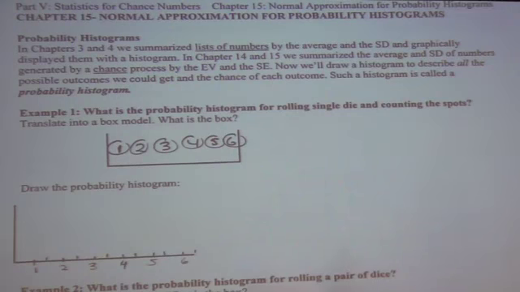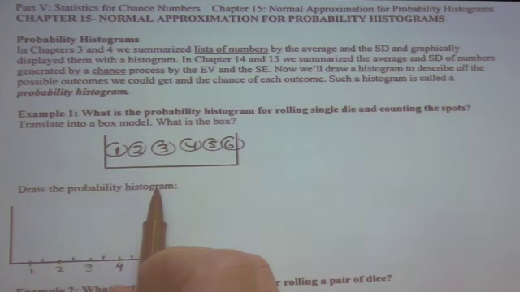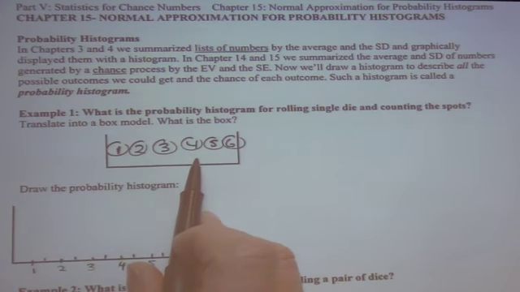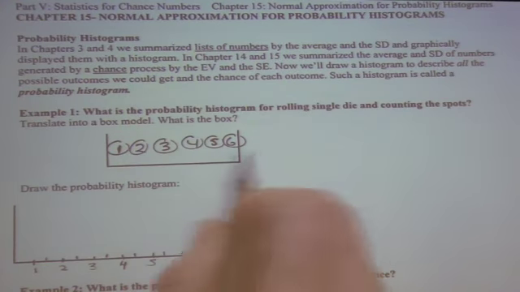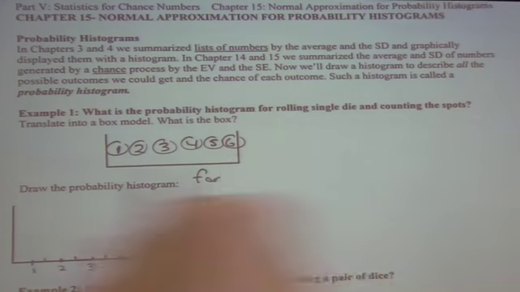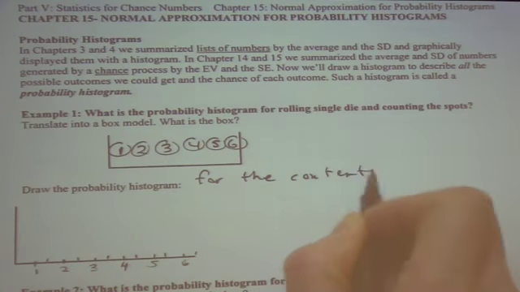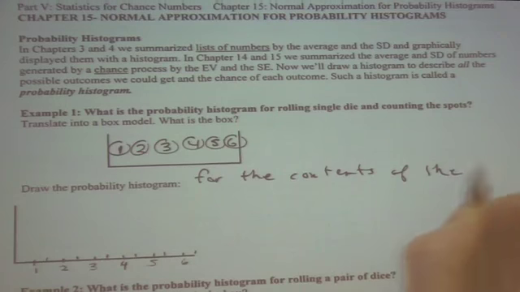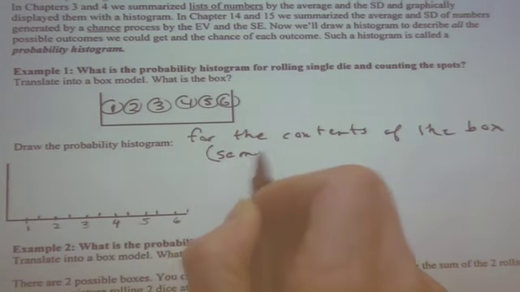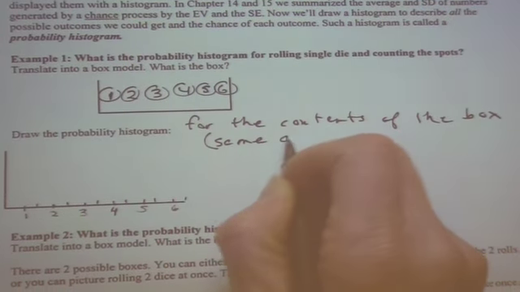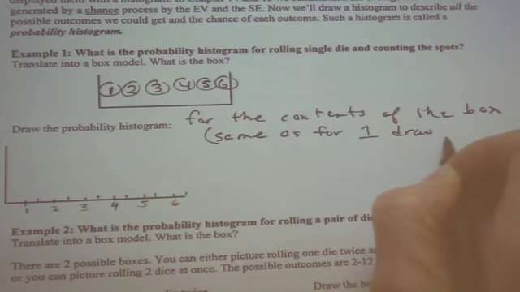And now, if we want to draw the probability histogram for just one draw from this box, just for the contents of the box, which would really be the same as for one draw from the box.